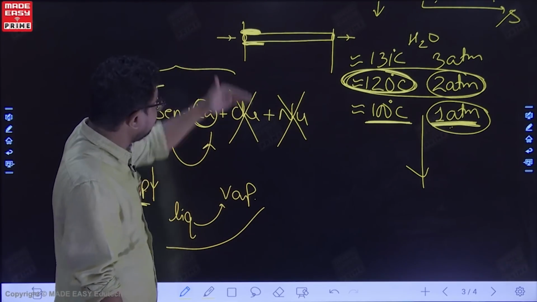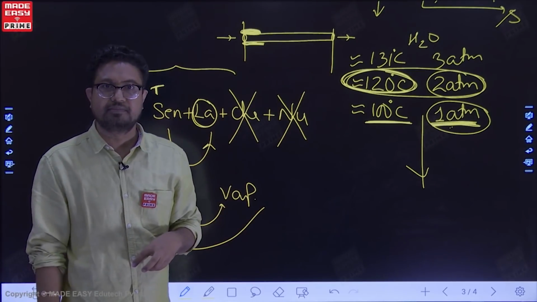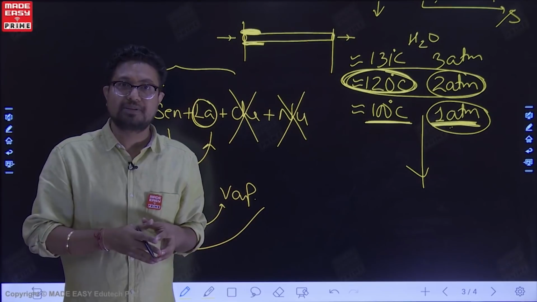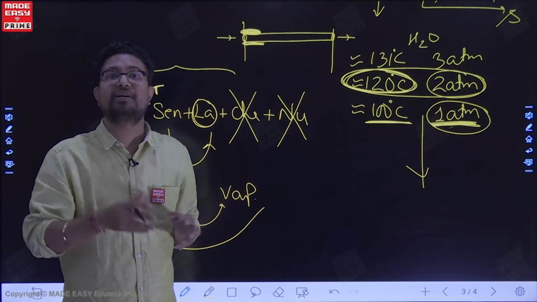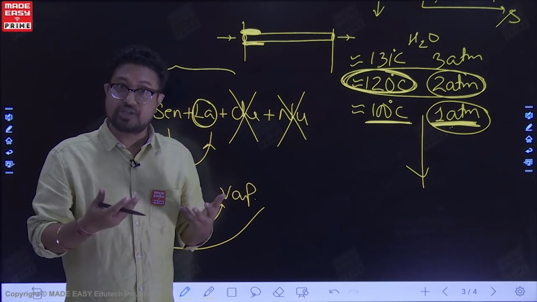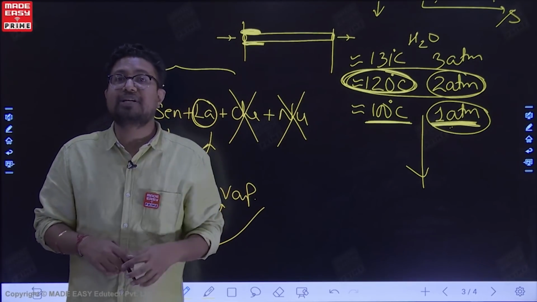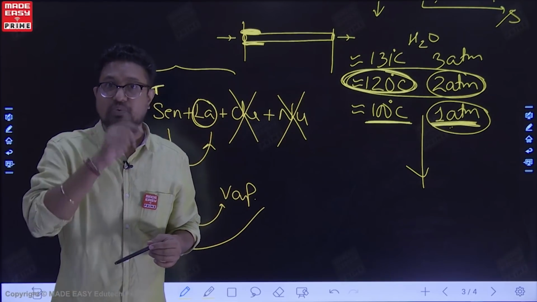How much pressure to drop? What should be the length of the capillary tube? How to decide that? You should be clear at what temperature you want to bring the refrigerant to.